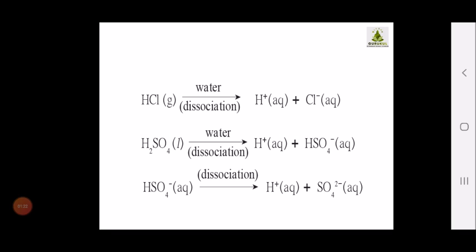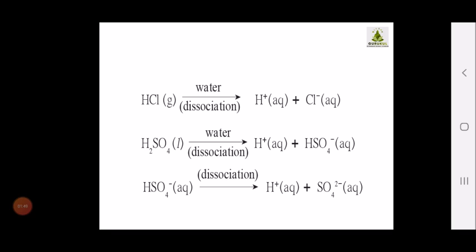Now when these acids dissociate, or break up, and dissociation is what we studied in the previous video, which ions does HCl give? Hydrogen as a positive ion. So here you will see H+ and Cl-. Then H2SO4 gives H+ and HSO4-.